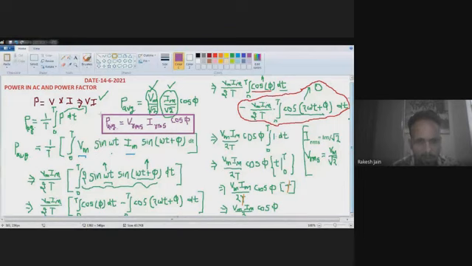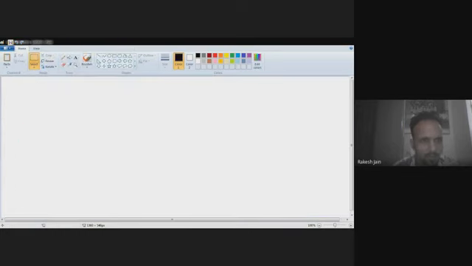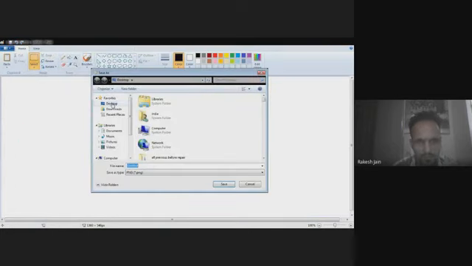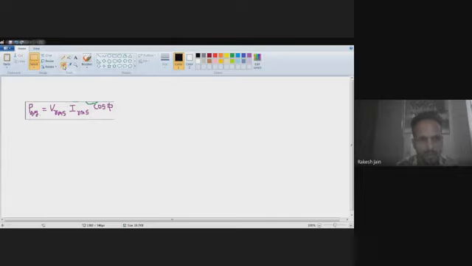Apart from this formula, I just remove all those terms, and now a new MS Paint file will be in front of you. This was your final formula, Vrms IRMS cos phi, for the average value of AC.